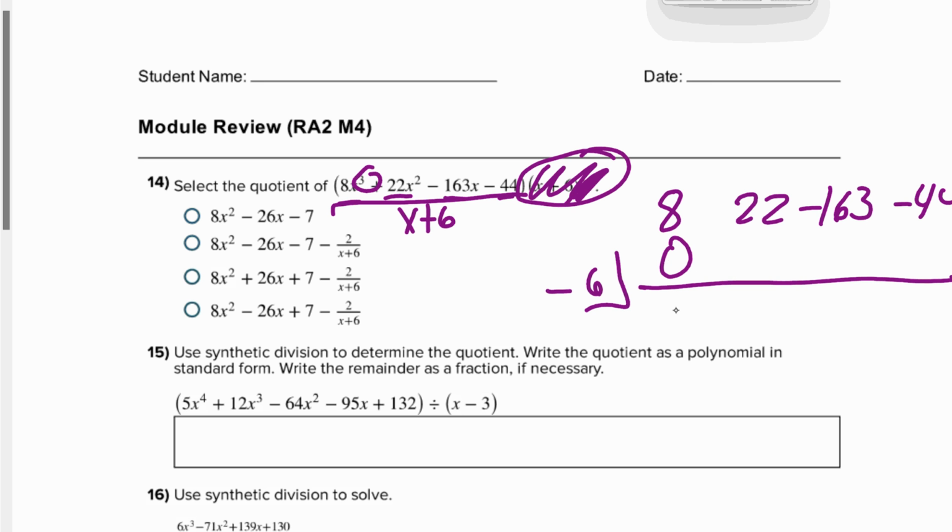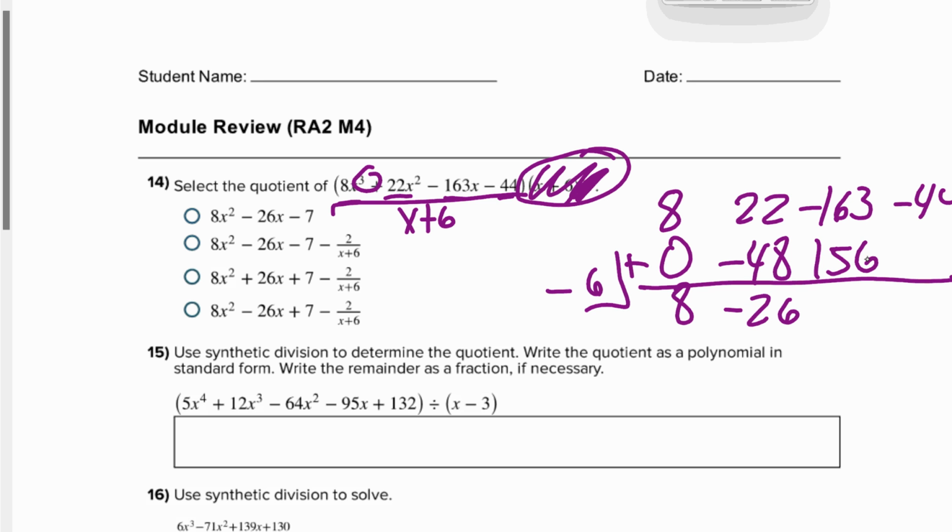0 on that second row, first column, add those together. We get 8 times that is negative 48. So that'd be negative 26. Negative 26, and times 6. That would be 150 plus 6, 156.